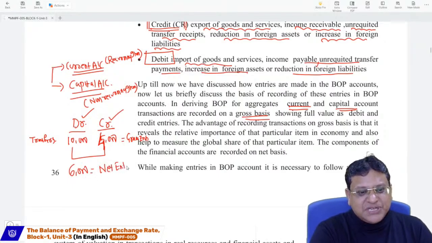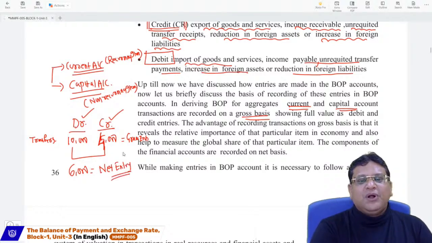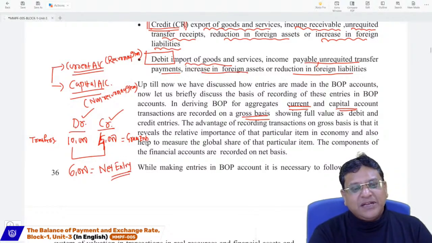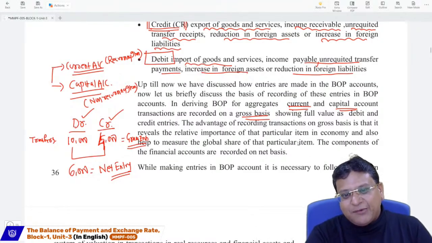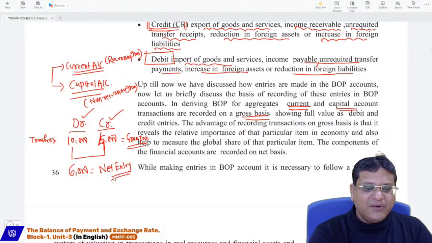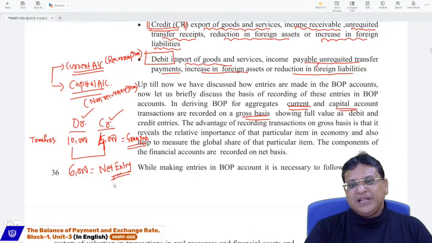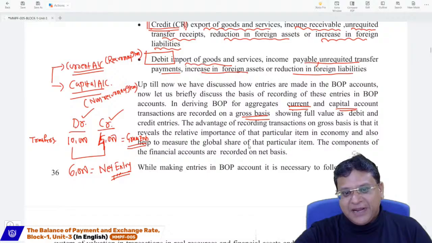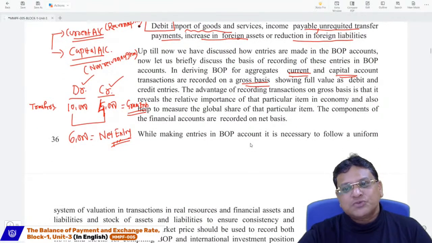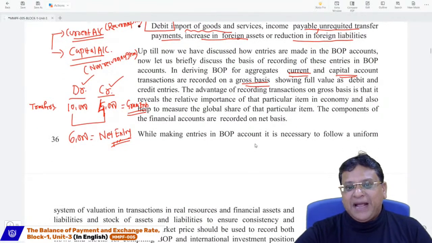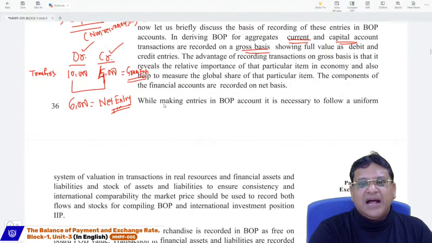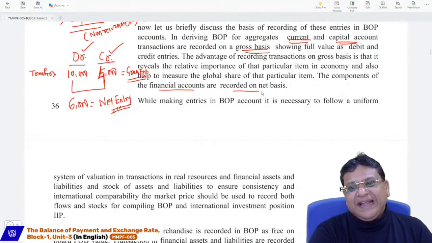The current account items and capital account items are put under the gross entry system. The financial account transactions are recorded under net entry. So there are two types of transactions, current and capital accounts, those are recorded on gross basis, whereas the financial account items are recorded on net basis.